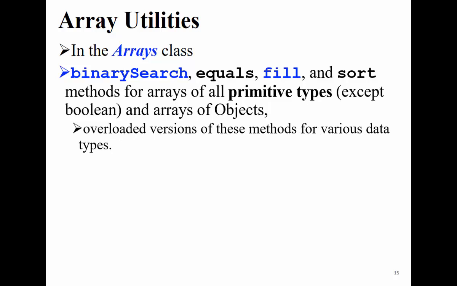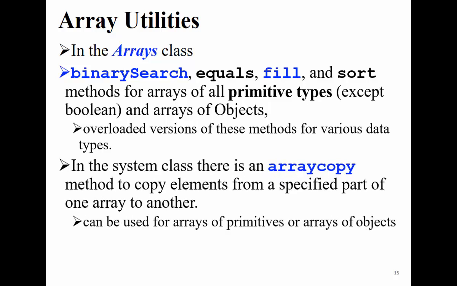So we can overload different versions inside it. You can use binary search for an array of integers, binary search for an array of characters, binary search for an array of strings. That's what we mean by overloaded versions inside this Arrays utility. The class also has array copy methods that copy elements from a specific part of an array to another, which is very useful to construct an array not from scratch.